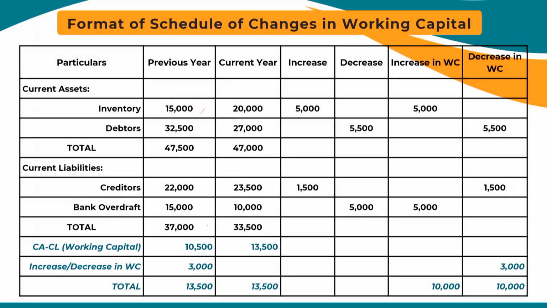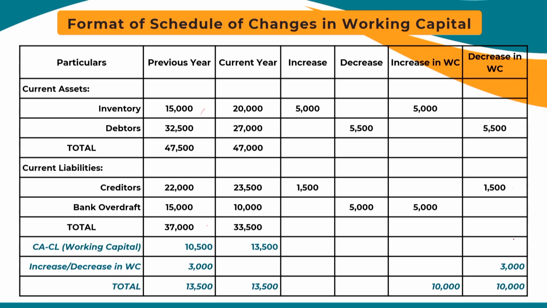So, the total increase in working capital is 10,000 and the total decrease is 7,000. So, it appears that there is a net increase in working capital when you are going to offset the increases and decreases in working capital, which is mentioned as a balancing item in the decrease in working capital column in order to make the two columns equal.